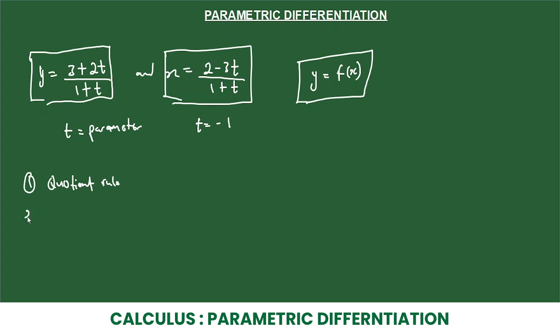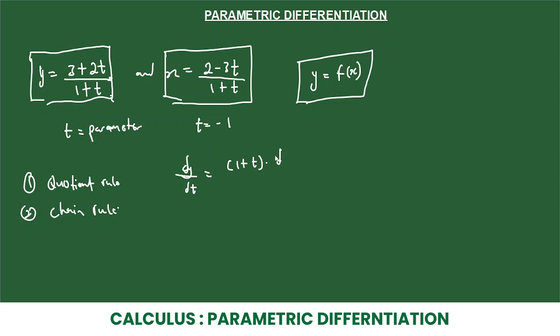After that, we apply the chain rule, right? So let's look at that. Applying the quotient rule on this first equation, we are going to differentiate this with respect to t. So dy over dt is going to give us, we maintain the denominator, so 1 plus t.